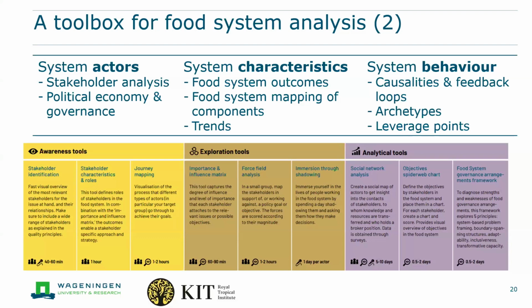So for each of these 3 components, we have, I think, about 8 or 9 different tools that you can look at, with an indication of how much time it takes, whether we need a group of stakeholders to be included in that, and other requirements we need. What is nice about it is if you click on one of these tools, you will also be directed to the website that gives a longer description about how to do such analysis.